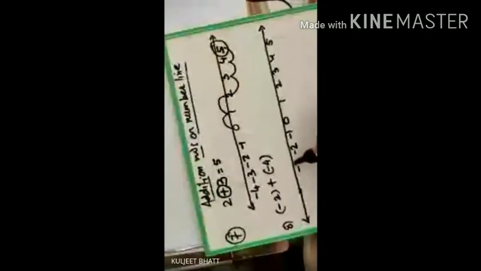But because here both the numbers are minus, we can extend the number line a little bit because we have to go till -6. So we can extend the number line. -1, -2, -3, -4, -5, and I have -6 here. Okay. Now you see both the numbers are negative.